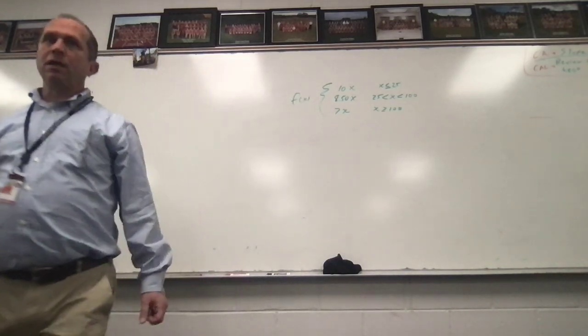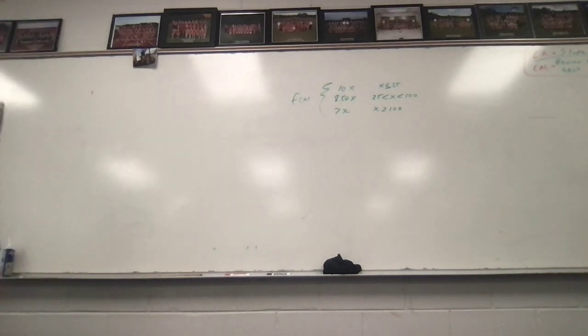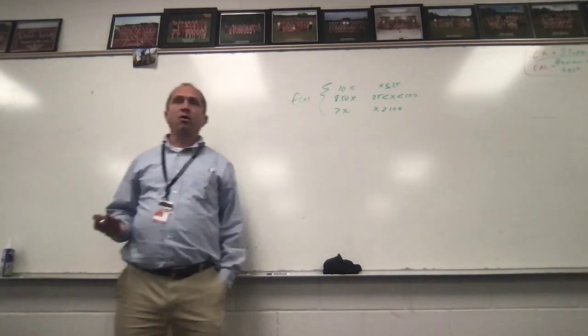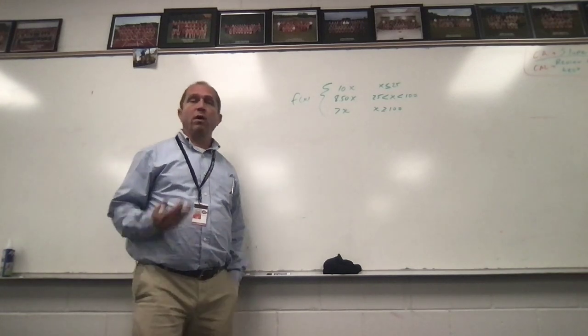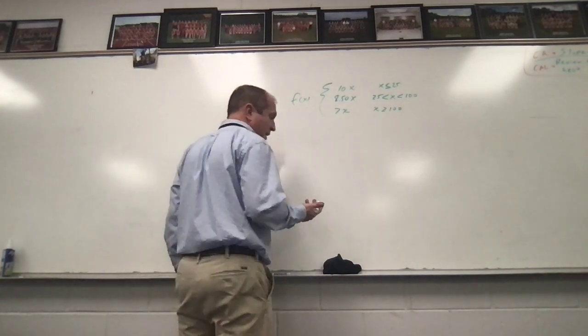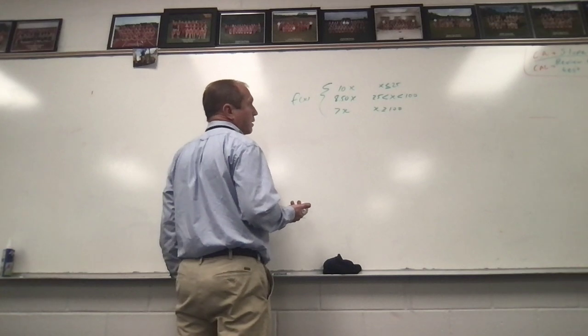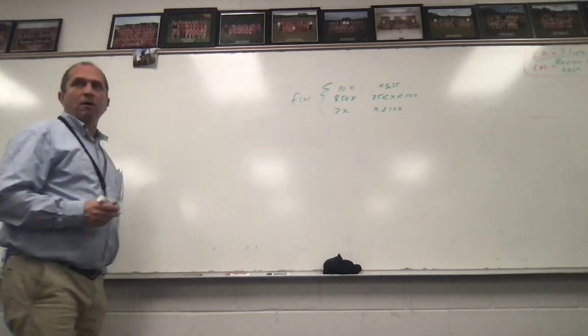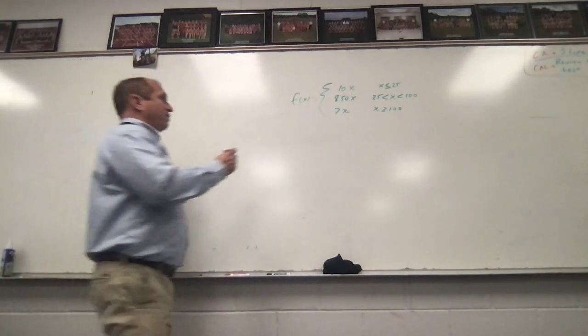So this would be an example of a piecewise function, because now I can use this bit of information and see what my total cost is going to be. Well, let's say we're ordering 50 shirts. How would I determine the cost of ordering 50 shirts?